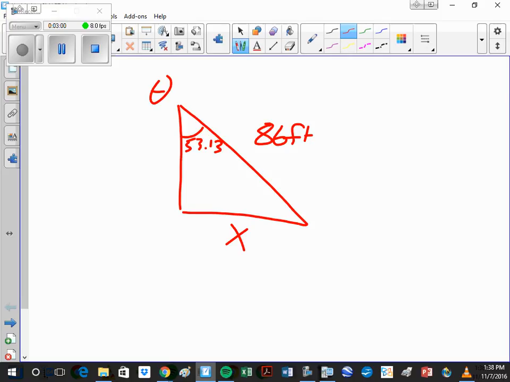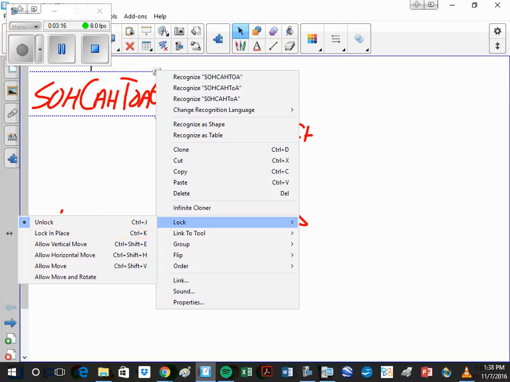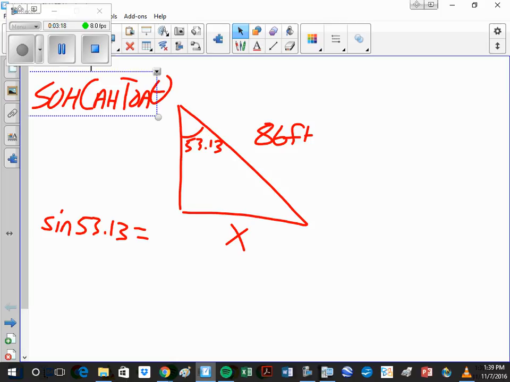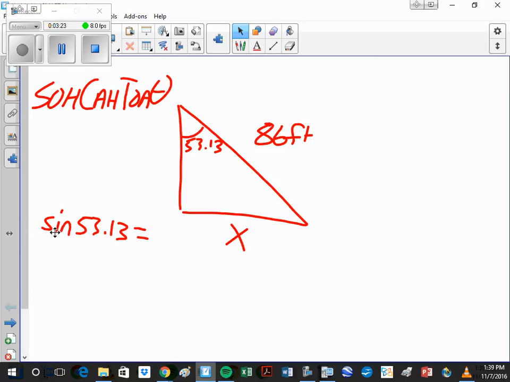I know that the sine of 53.13 is equal to, and don't forget SOHCAHTOA, opposite, which is x, divided by hypotenuse, which is 86. So x divided by 86.